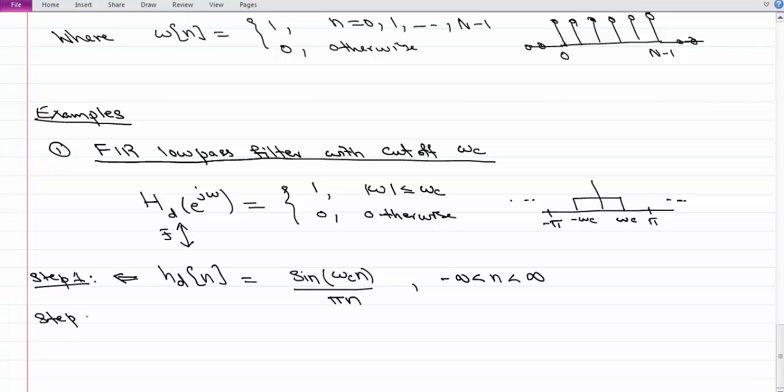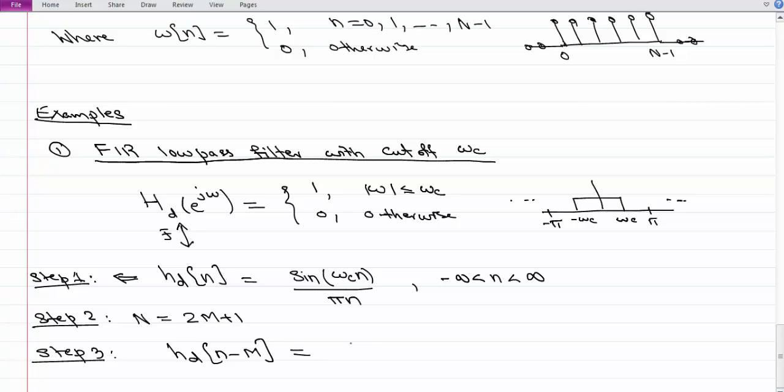Step 2, let's just assume, right now we are not going to talk about how you pick that length, but assume that someone said it should be a length N equal to 2M plus 1 filter. So that's done. Then what you do in step 3 is you shift the filter by an amount M. Shifting is being done because you want a causal filter.